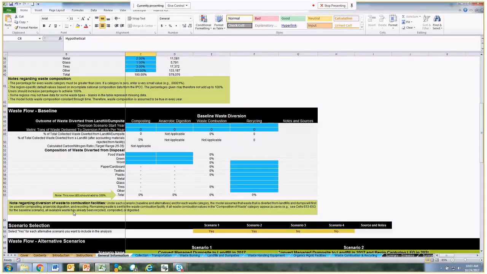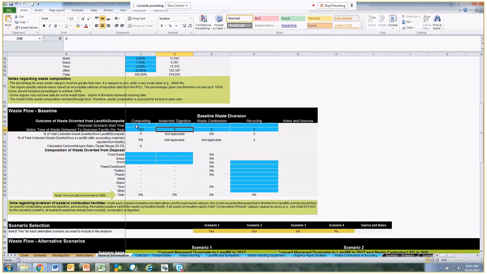In the tool right now, in the general information sheet, we have a section on baseline waste flow. And so what the user needs to do here is start designating how much waste is going to facilities of different type per year, whether it's composting or AD or combustion recycling.